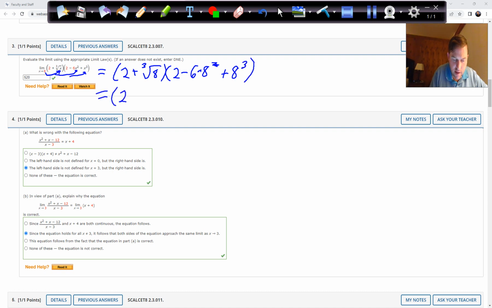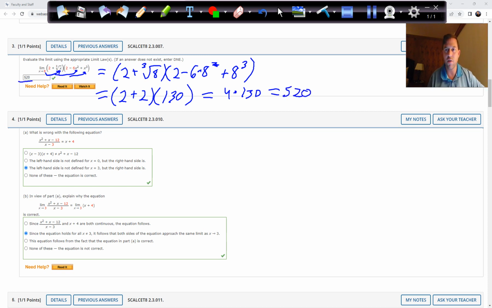And the cube root of 8 is 2. And if you do this, you're going to get 130 after you do the math on this one. So you get 4 times 130, which is 520. Okay, so just substitute the number for the x values.